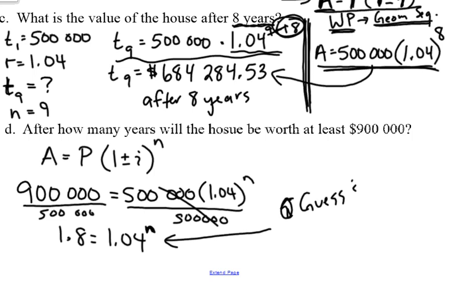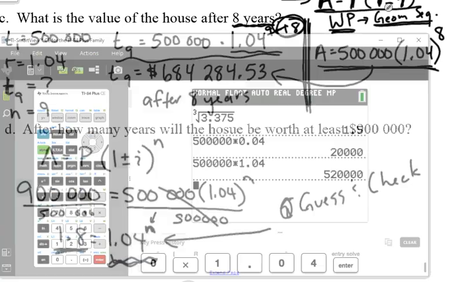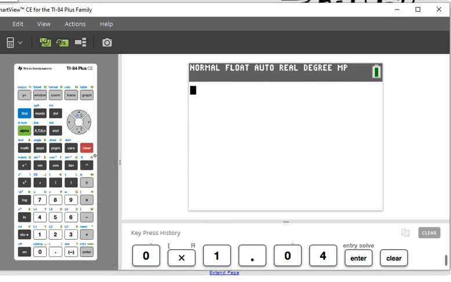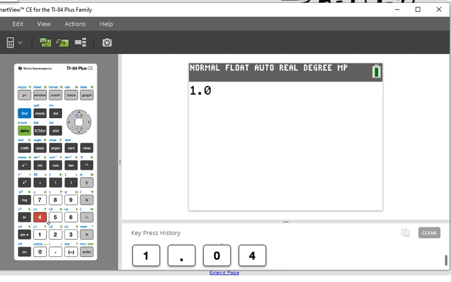We guess and check using 1.04 with different exponents so that we get at least 1.8. So what do we do on our calculator? Well, pull out our calculator, and we want to go 1.04 to some exponent.